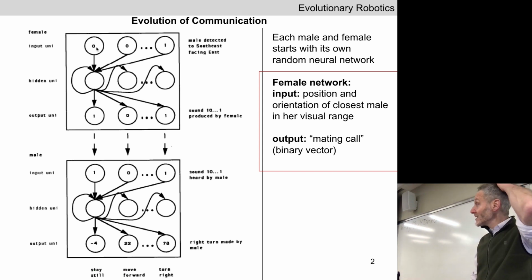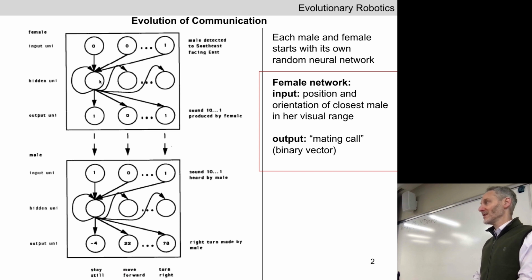We have synaptic connections between input to hidden, hidden to hidden, and hidden to output. Same thing down here. The moment we see a hidden layer and recurrent connections, what does that tell us? Memory, if it's useful. Okay.